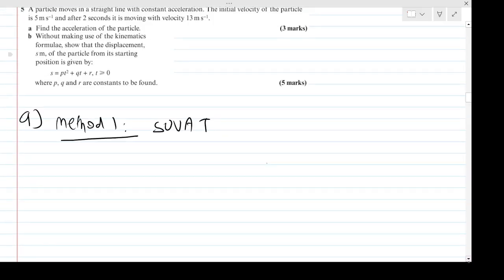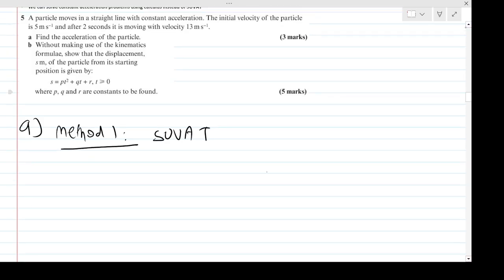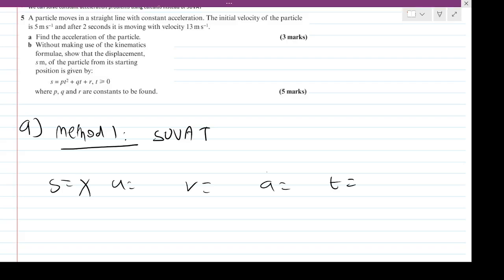So if we were to approach this using Suvat, well, if I list my Suvat, my displacement s, my u, initial velocity, v, my final velocity, a, the acceleration, and t for time. Well, I'm not told anything about displacement, I don't care about it, but I am told the initial velocity is 5. I'm told the final velocity is 13, and this is in 2 seconds. So I want to find the acceleration, okay?